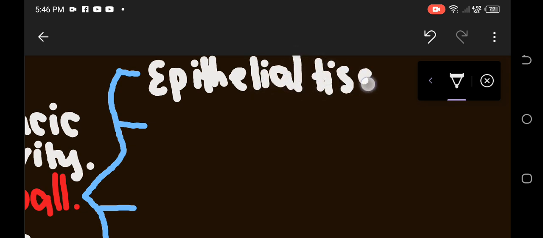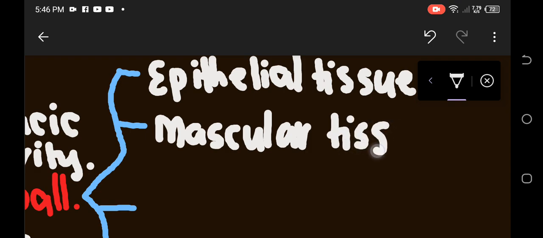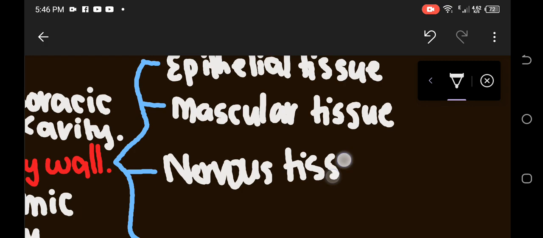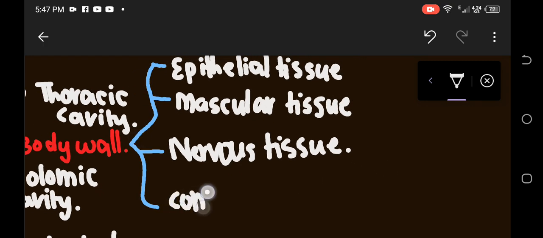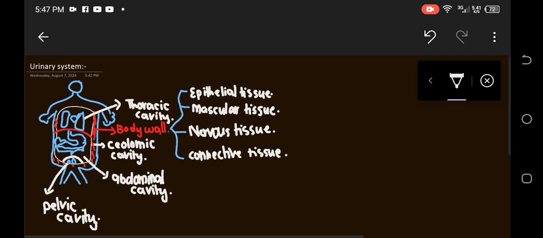Then we have muscular tissue. After muscular we have nervous tissue. Last but not least we have connective tissue. So these four types of tissues are present in our body wall.